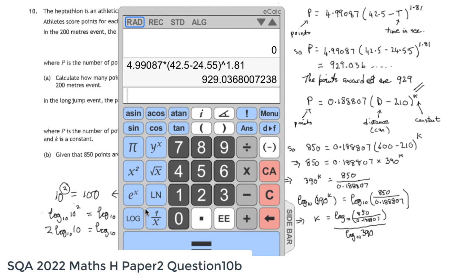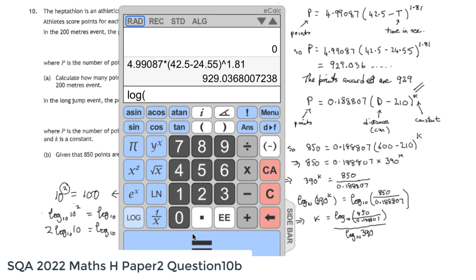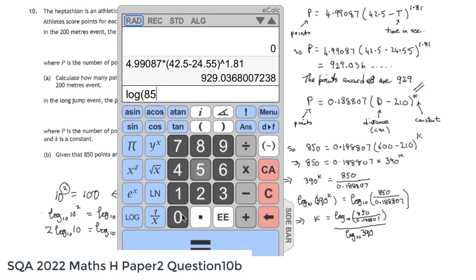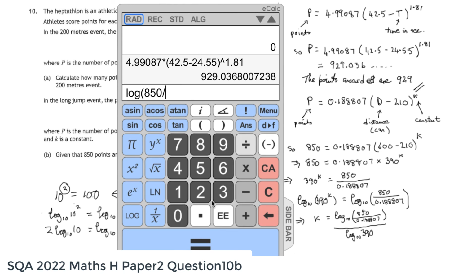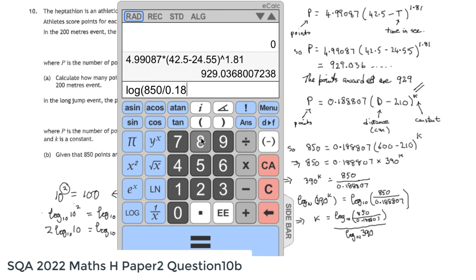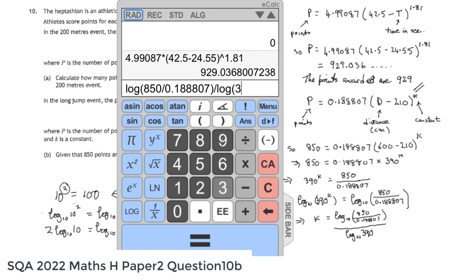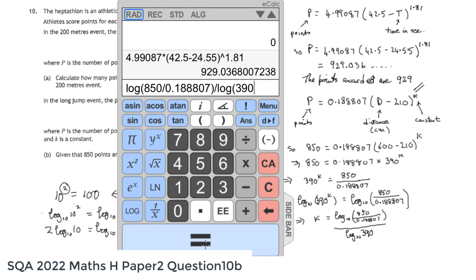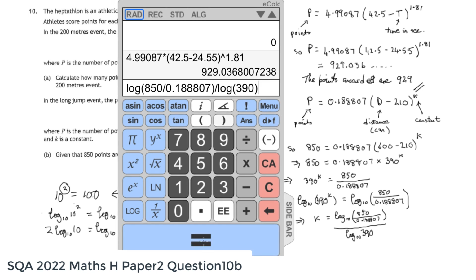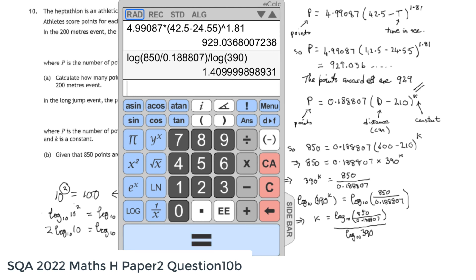There's the log button, and it's 850 divided by 0.188807. So that's the top of the fraction. I have to divide that by log of 390. There's log to the base 10 of 390. Press the button, there's our answer.